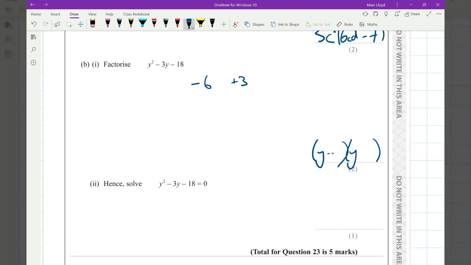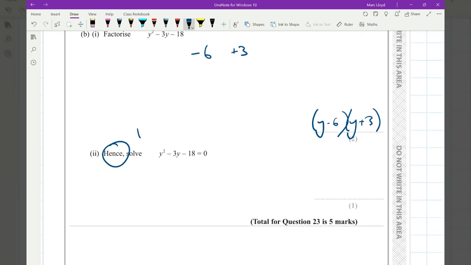So we've got y minus 6 and y plus 3. Hence solve. Now the word hence means use your previous answer. And therefore our answers will be a value that will make one of these brackets equal to 0. So 6 or negative 3. And you can take the number from the bracket and just change the sign.